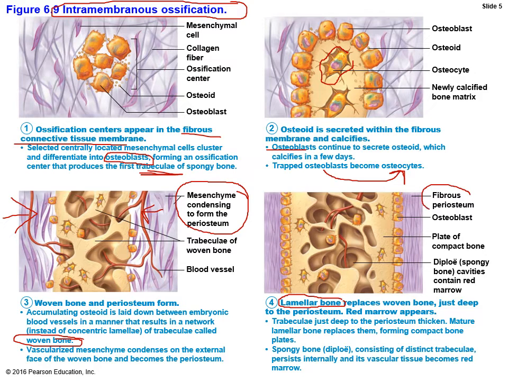You will also have some trabecula left over, and of course this will help lay our spongy bone or the diploe, allowing for the complete bone formation to occur. And the origin of this, once again, was within the membrane of the tissue. So this is called intramembranous ossification. Such an interesting process.